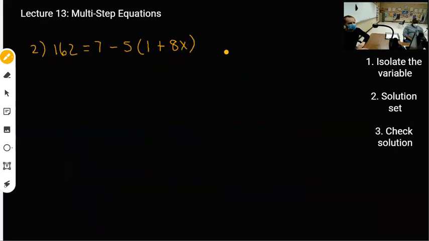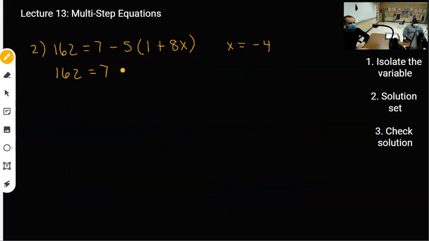And I'm going to test x equals -4, because I want to see if this solution actually works when I plug it back in. Everywhere I see an x, I'm going to replace that with a -4.